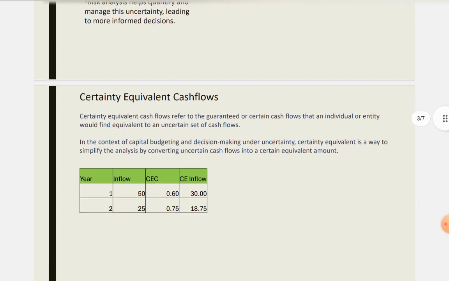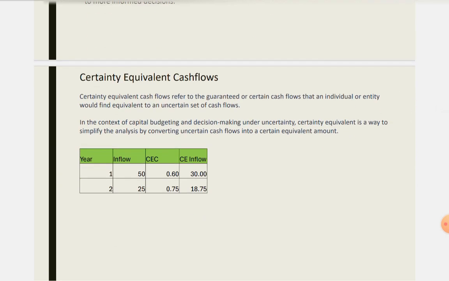The first concept really is certainty equivalent cash flow. The concept behind this is that we try to estimate what part of the cash flow we can at least expect, be certain of receiving. In this example, in year one, we expect to get about 50 lakhs in revenue. What portion of that is actually certain? This again is an estimate, it's a guess.